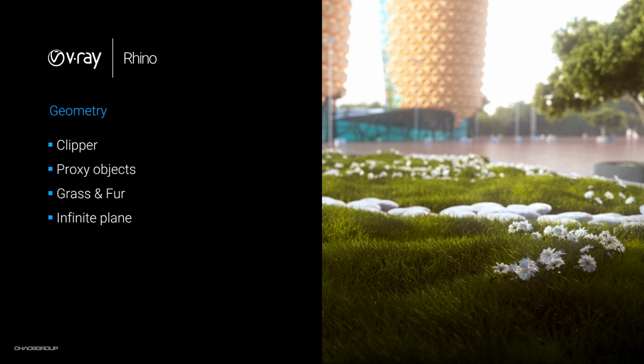The VRay proxy is a dynamic geometry and imports geometry from an external mesh at render time only. The geometry is not present in your scene and doesn't take up any resources. This approach allows you to render scene with many millions of triangles, more than Rhino itself can handle.